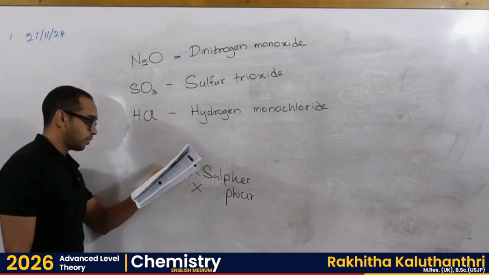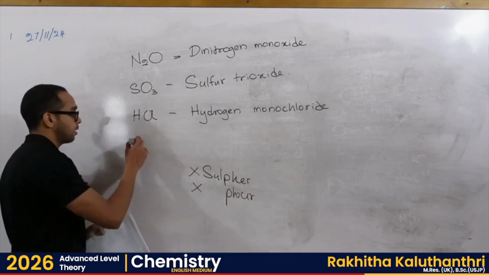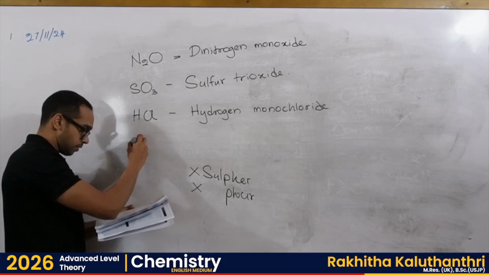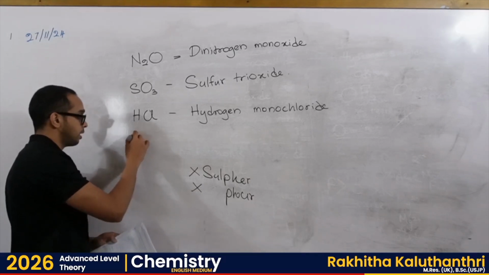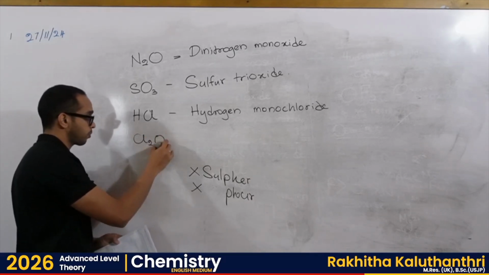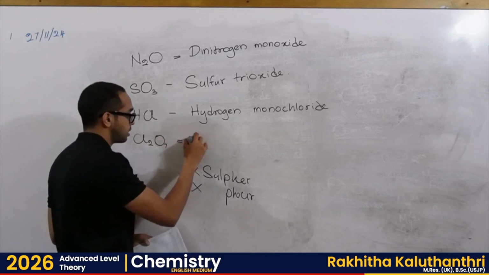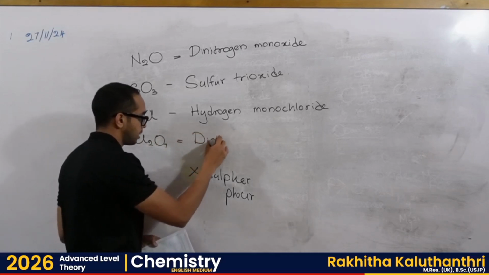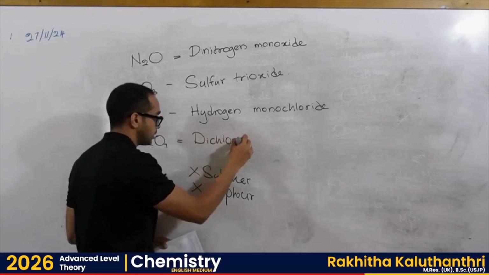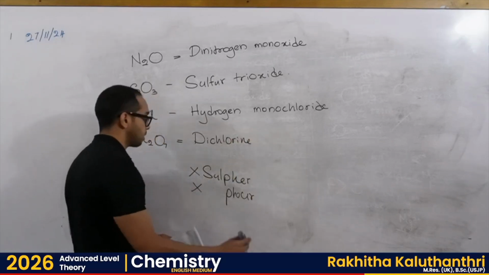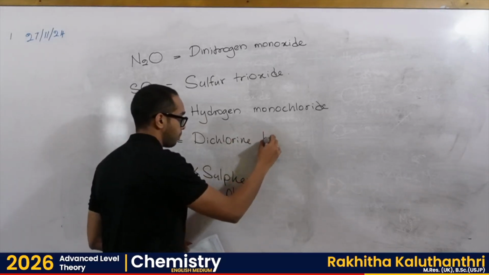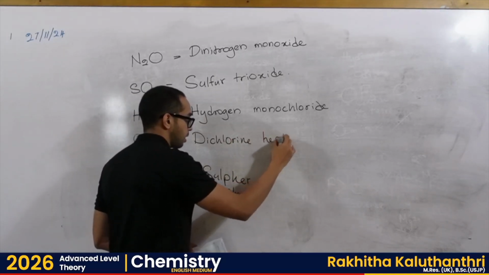And then the fifth one, Cl2O7. So the answer here is dichlorine hepta.